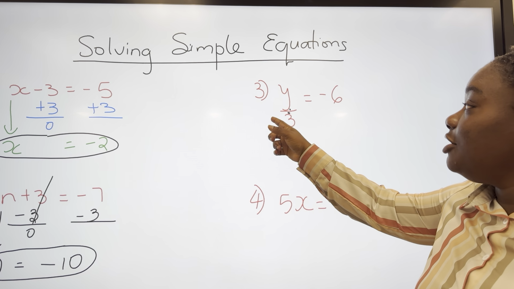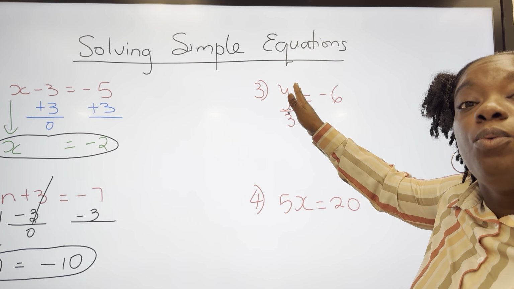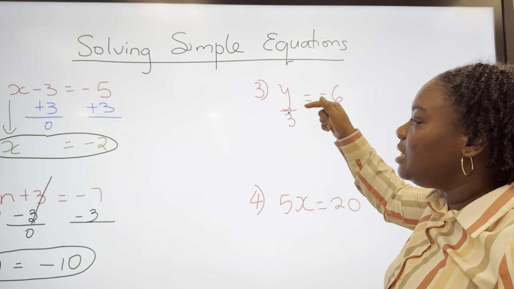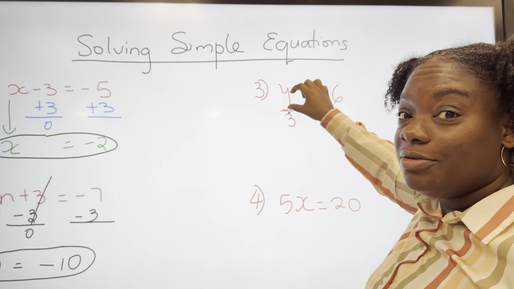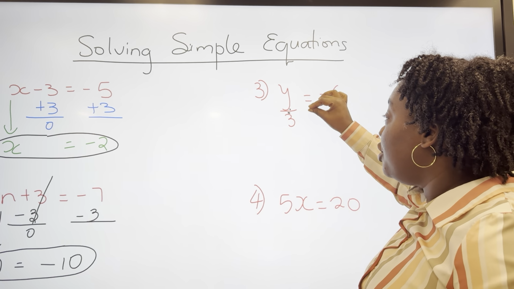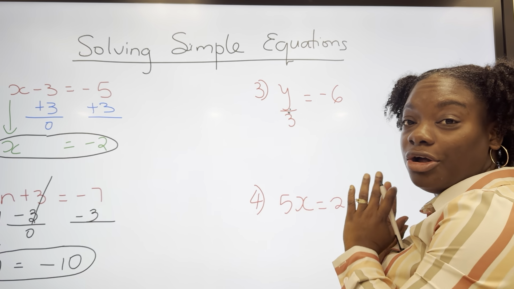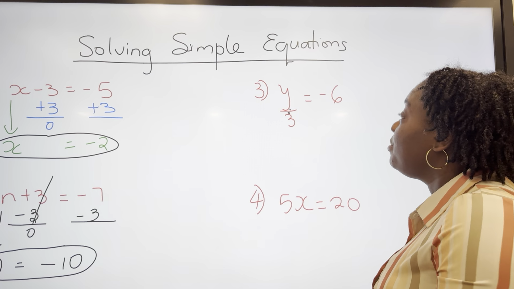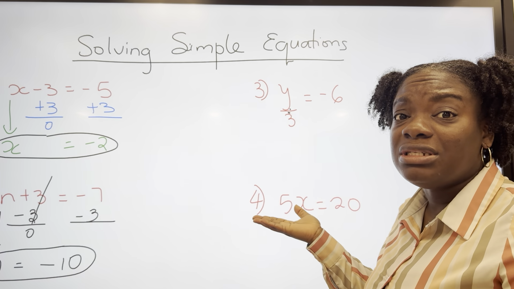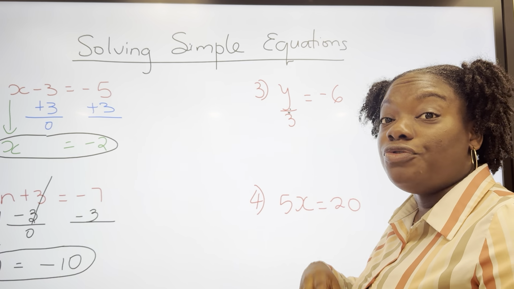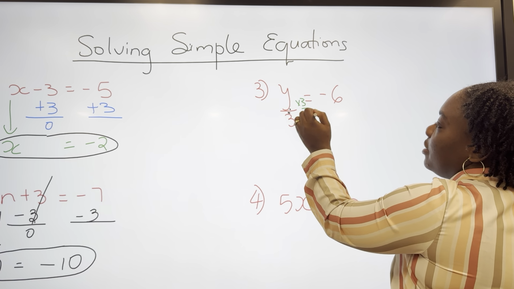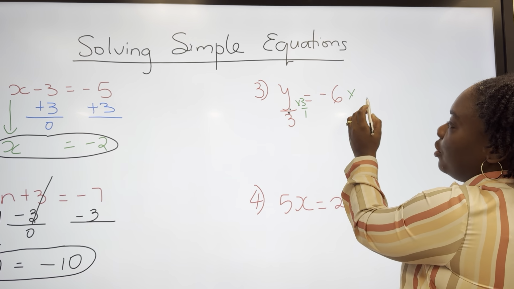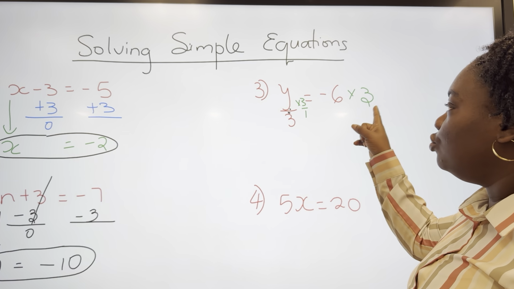So because there's a division going on between the y and the 3, it means that to get rid of the 3, because remember, I want y to be by itself, or to undo the 3, as you will hear some people saying, I'll have to multiply, because remember, you do the inverse operation. So I'm going to multiply by 3, and anything I do on one side, we do to the other.